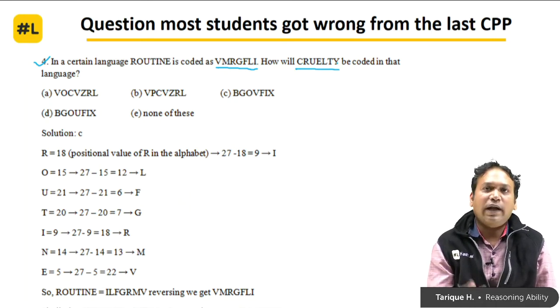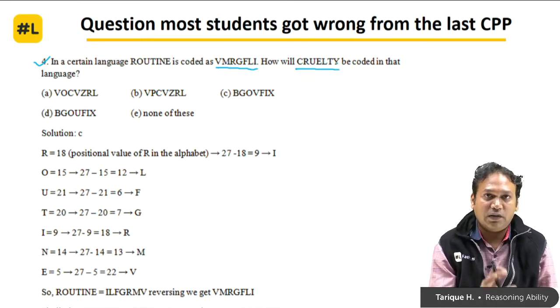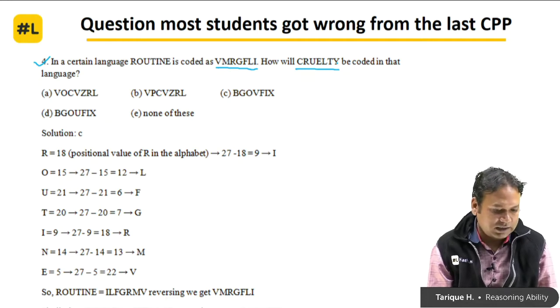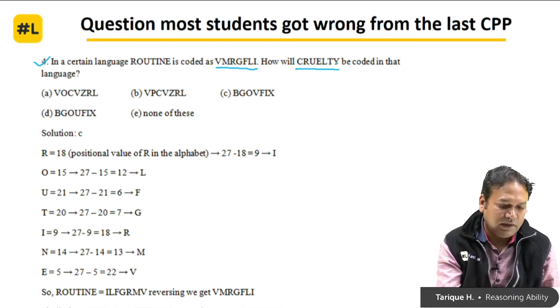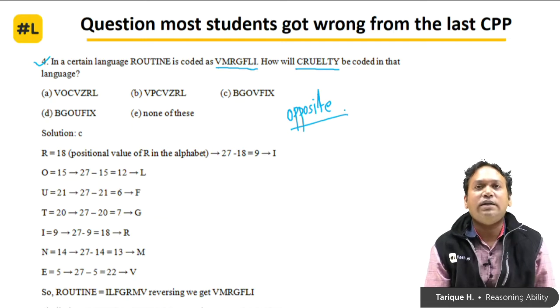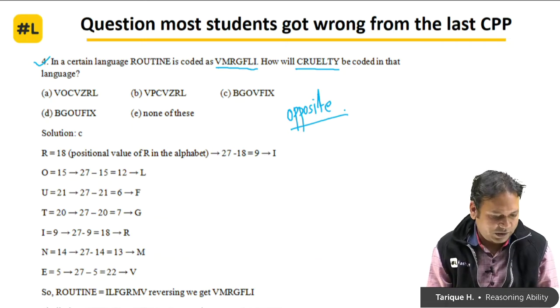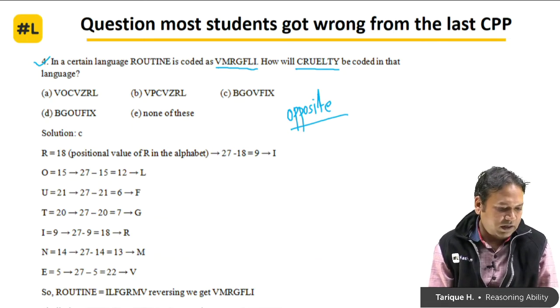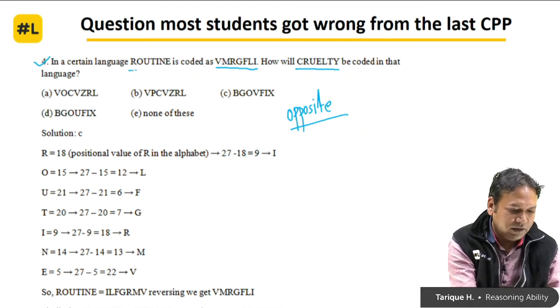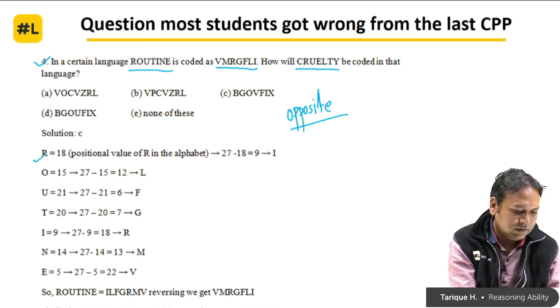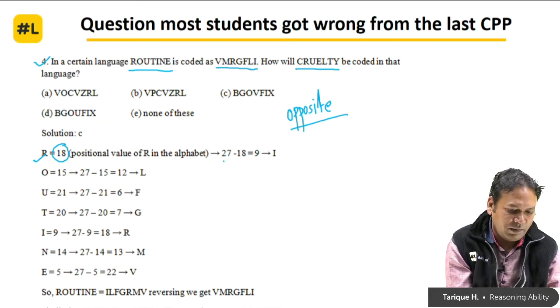Now based on what I discussed in the class, this question was based on the concept of opposite letters. In 2-3 questions I have used this technique yesterday also and in the previous session on Monday. So you see here every letter of the word routine starting with R. R's positional value is 18, we subtract from 27.